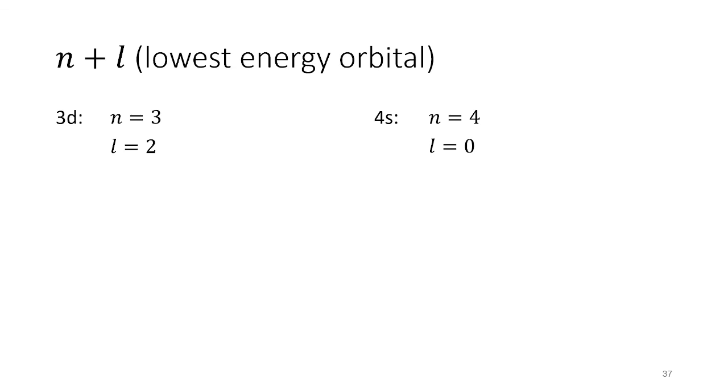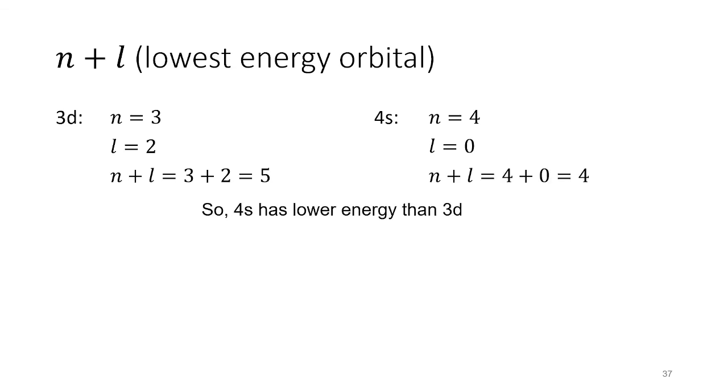So if you are to add that, 3 plus 2 is 5, and 4 plus 0 is 4. Meaning to say, 4s is lower than 3d when we talk about energy levels.